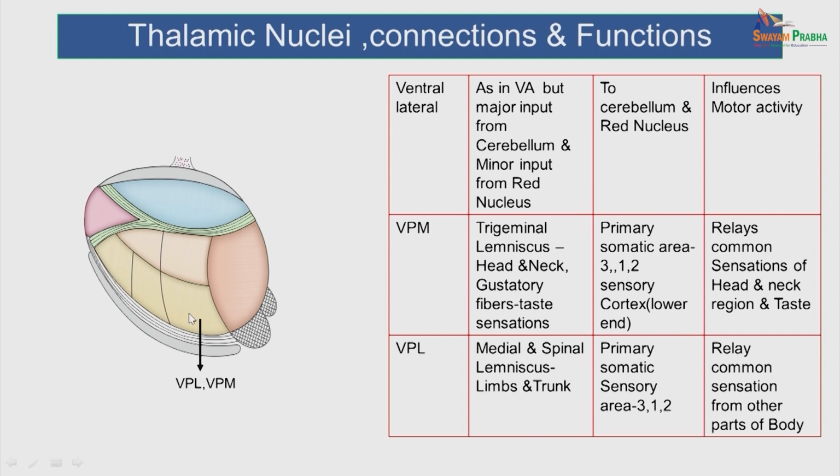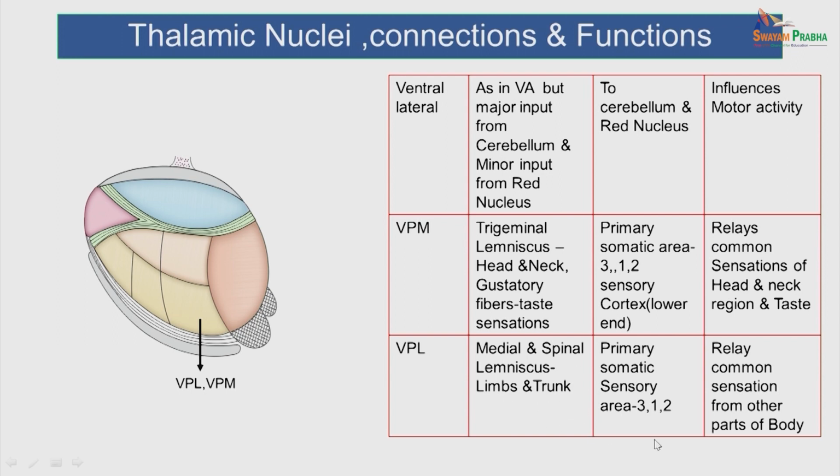Next, we have the VPL nucleus, which is the ventro-posterolateral nucleus, which has the medial and spinal lemniscus from the limb region, both upper and lower limb, also the trunk region, the crossed fibers of general sensation of touch, pain, temperature, stereognosis, 2-point discrimination.